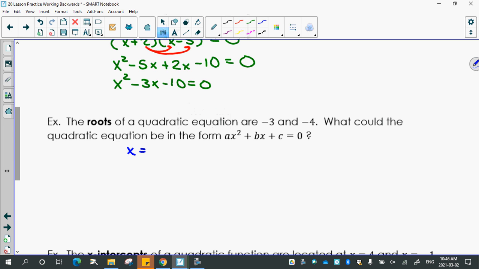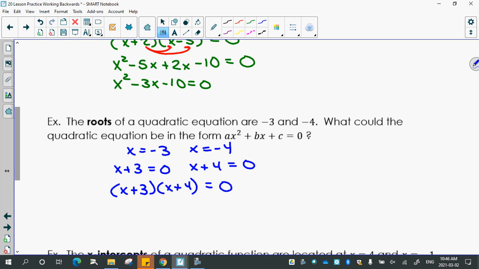So I would have started with x equals negative 3 and x equals negative 4. And step before that, x plus 3 equals 0, x plus 4 equals 0. And step before that, x plus 3 times x plus 4 equals 0.